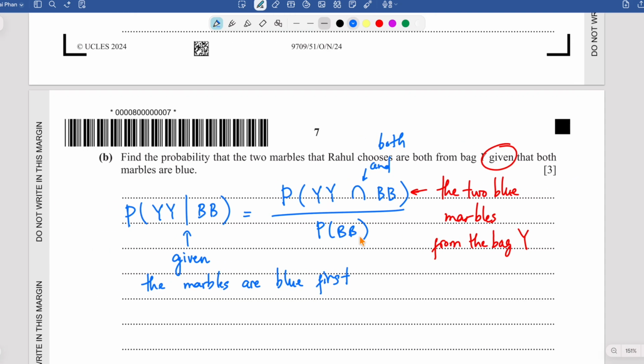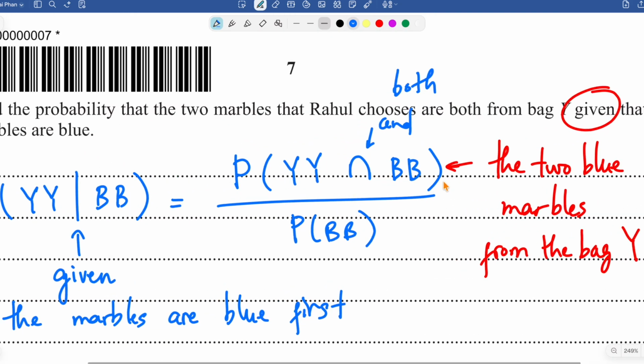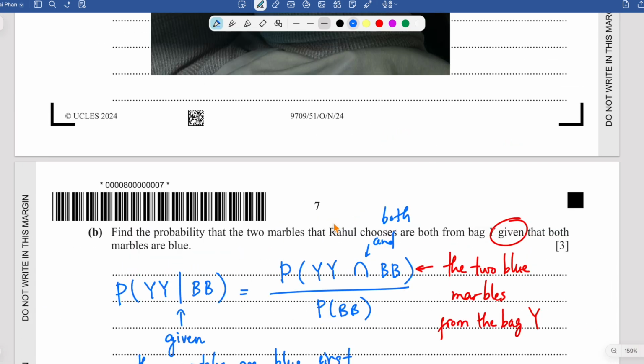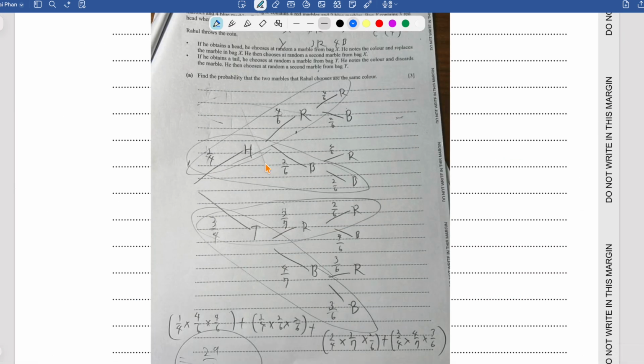To calculate the two terms on top and bottom, we go back to the tree diagram that you drew here.